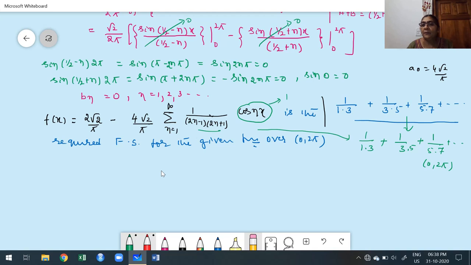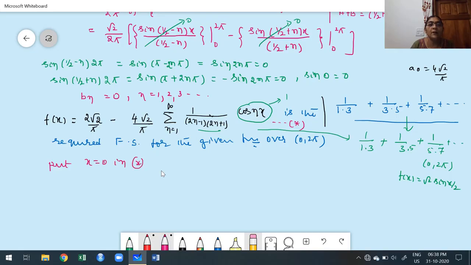Now here, keep in mind, my f of x is actually root 2 into sine of x by 2. Okay. Now in the next step, for our convenience, take it as star for this Fourier series expansion. Put x is equal to 0 in star.